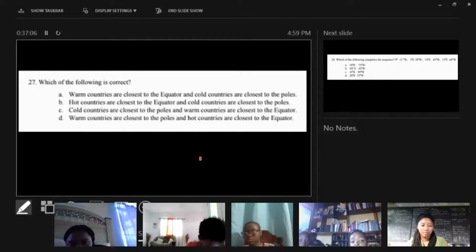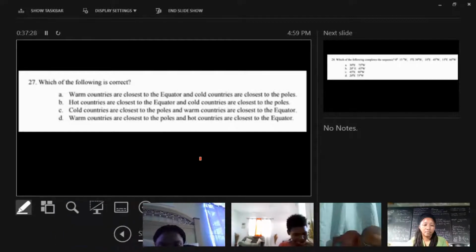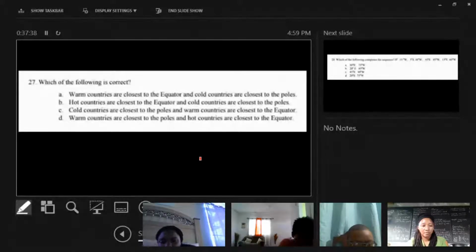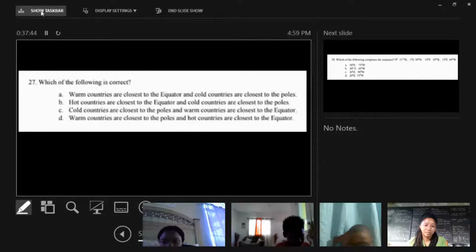D. Warm countries are closest to the poles and hot countries are closest to the equator.